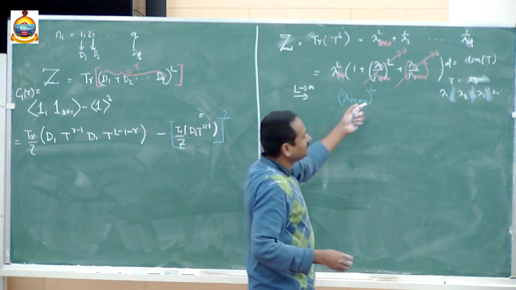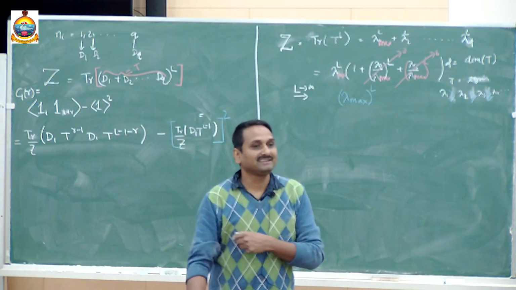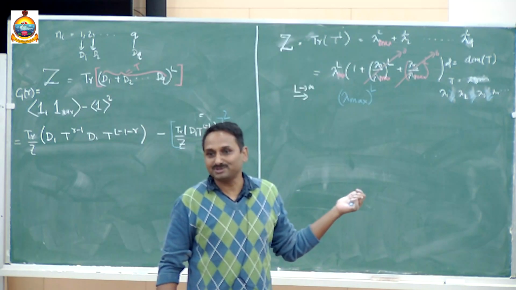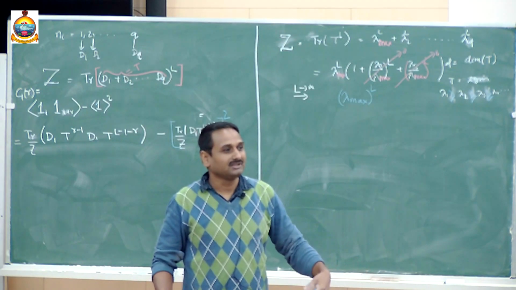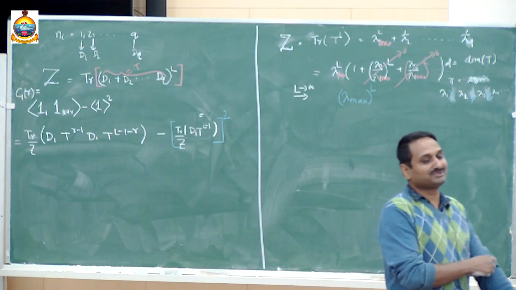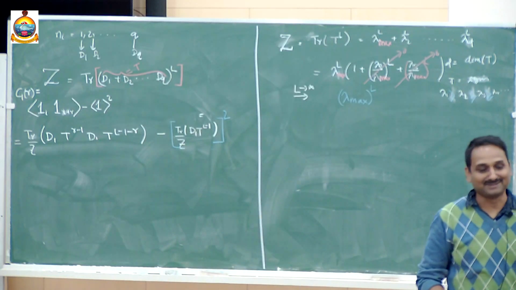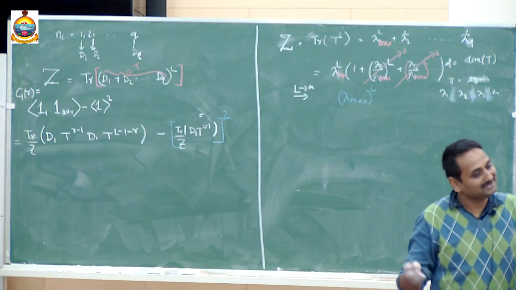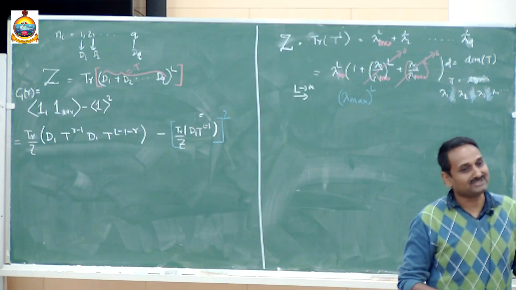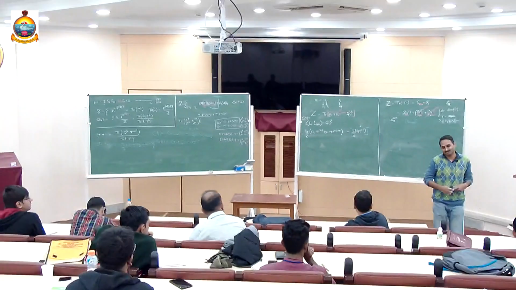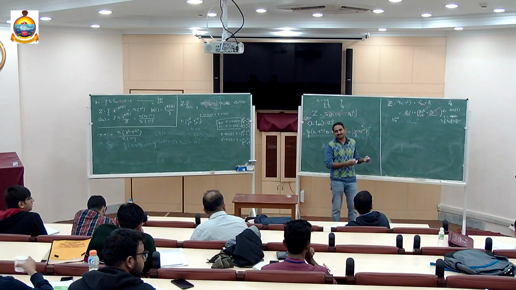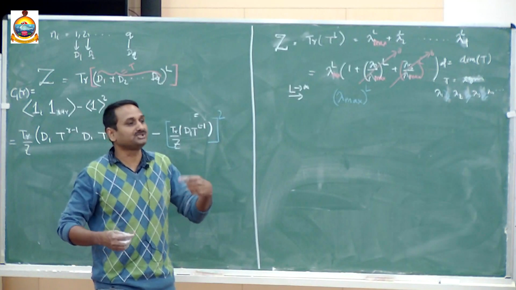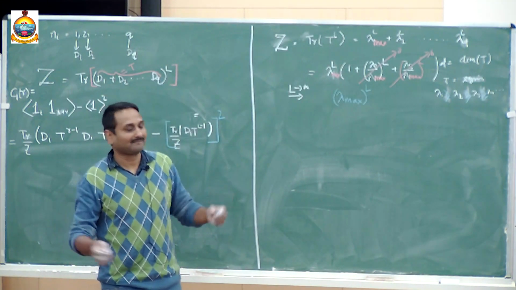And how big is L? Because this is an exponential function, something to the power L decays quickly. So large doesn't mean that you have to say 10 to the power 50 or 10 to the 20 or something. If it is 100, it is quite small. E to the power minus 100 is small. This is an exponential function, it is pretty small, like 0.01 to the power 100.